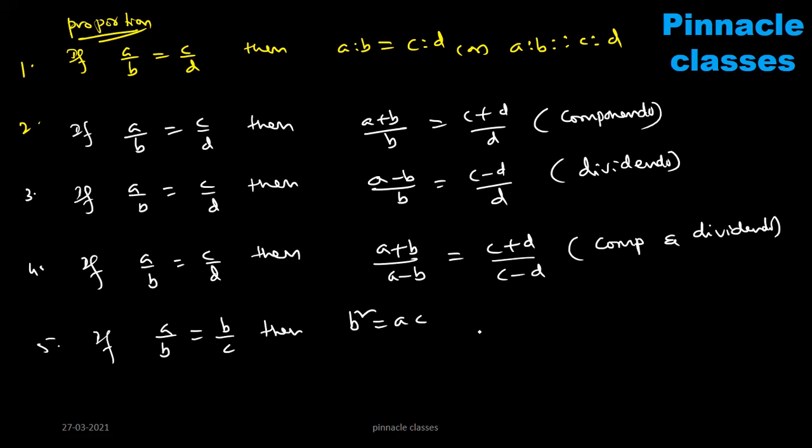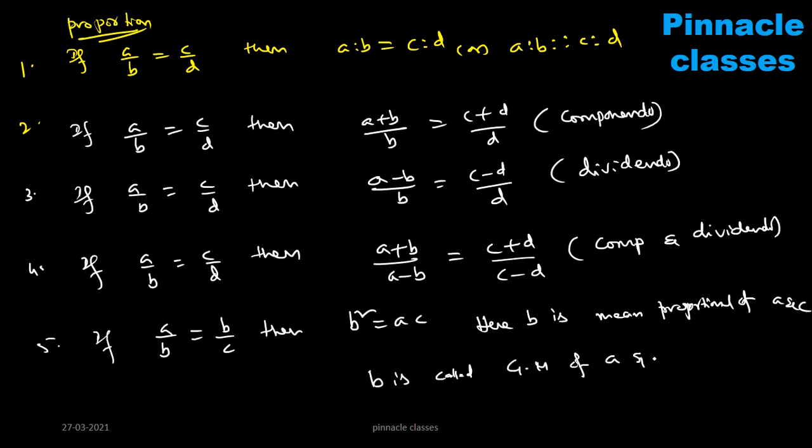So here b is called the mean proportion of a and c. Of course, b is called the geometric mean of a and c. From this case, we can say that a, b, c are in GP, geometric progression. That is the meaning.